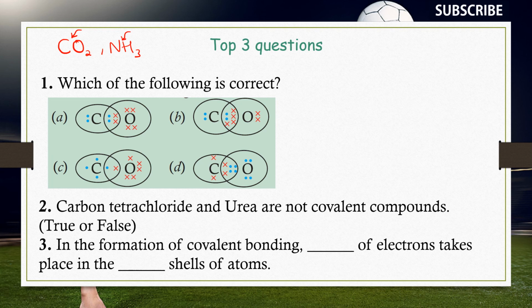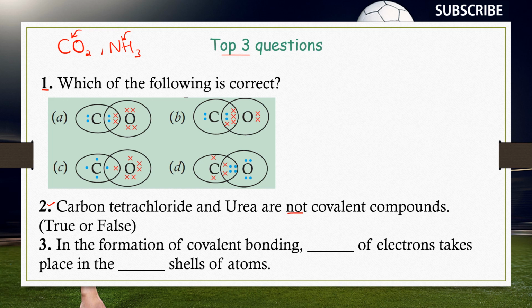So let's now have a look at our top 3 questions. Question 1. Which of the following is correct? A, B, C, or D? Question 2. Carbon tetrachloride and urea are not covalent compounds. True or false? For this question, it could be easier if you had a glimpse of our previous video.